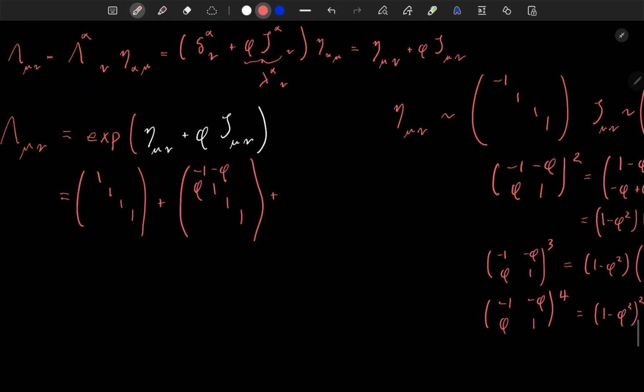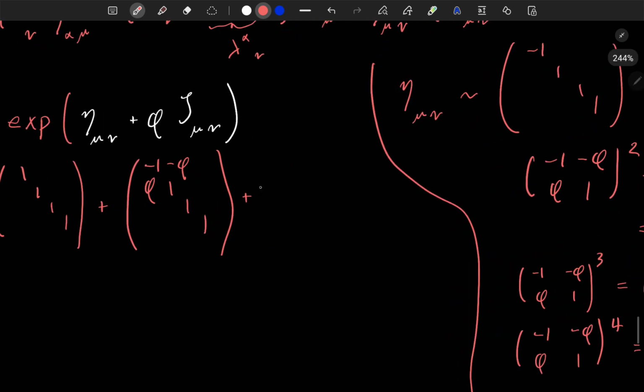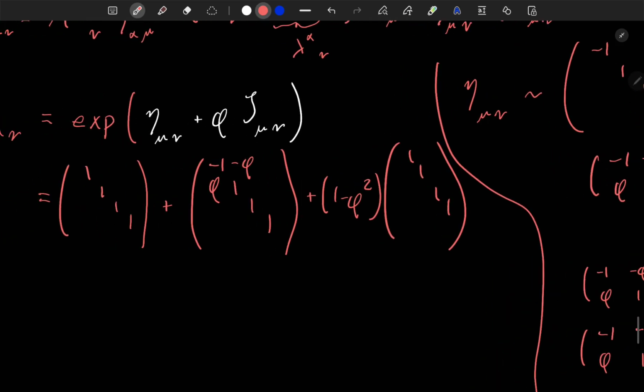Write this out a bit more explicitly now. One minus phi squared times identity plus, oh, actually, I can't factor that out completely.